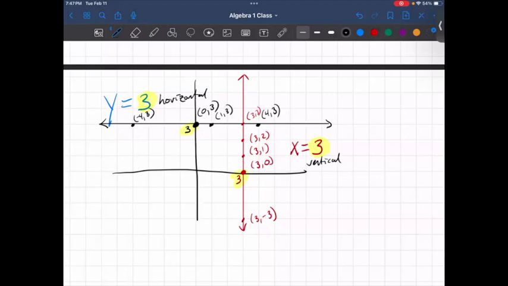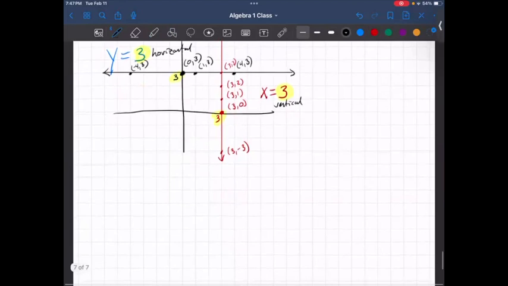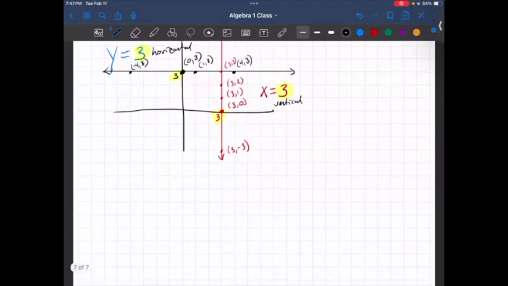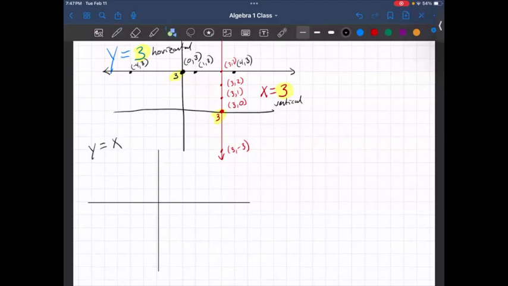I think I have just enough time to show you just a little bit more. I'm just going to make it kind of simple. Just going to use y equals x as my line, so we don't have to do a whole lot of math. So y equals x can look like this, right?